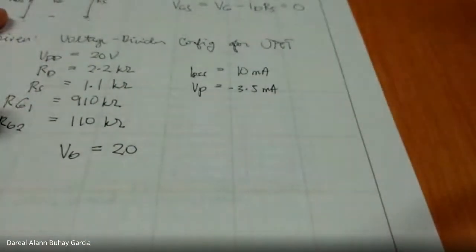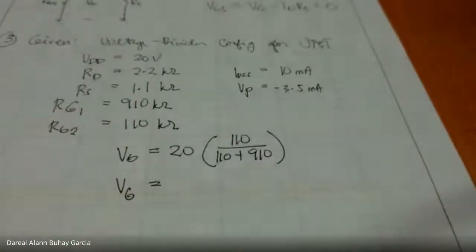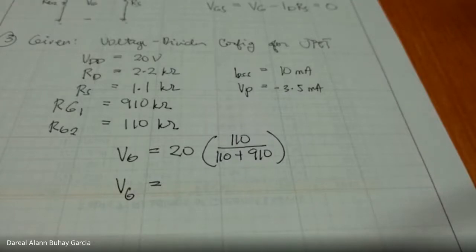VG is 20 times 110 over 110 plus 910, which is 2.157 volts.